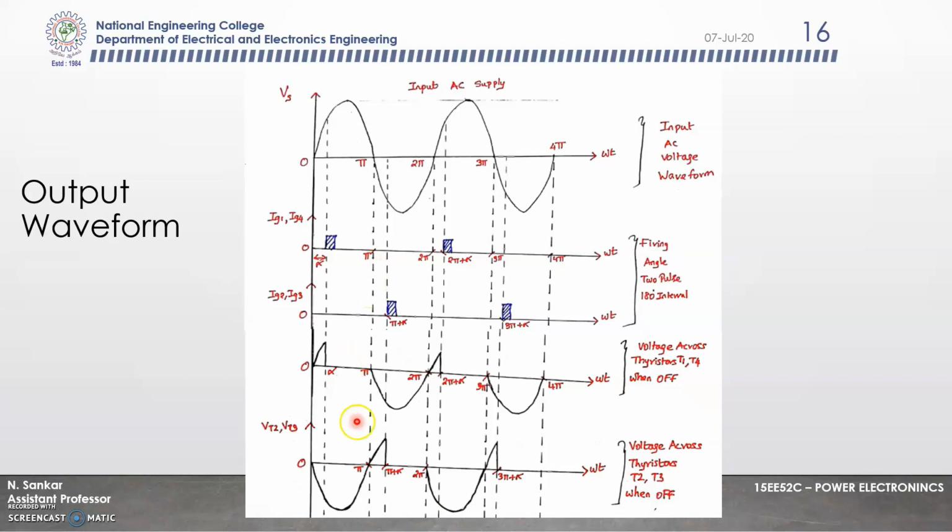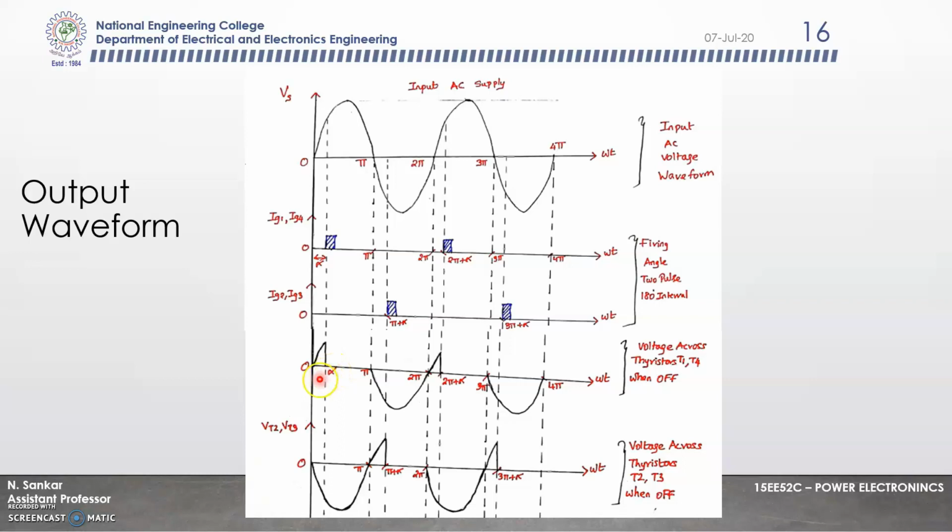Same thing, but here we are going to see the voltage across the thyristor, that is thyristor 1 and 4. This will give the voltage across thyristor 1 and 4 when it is turned off. We already said, right? From 0 to alpha, all four thyristors, T1, T2, T3, T4, are turned off.